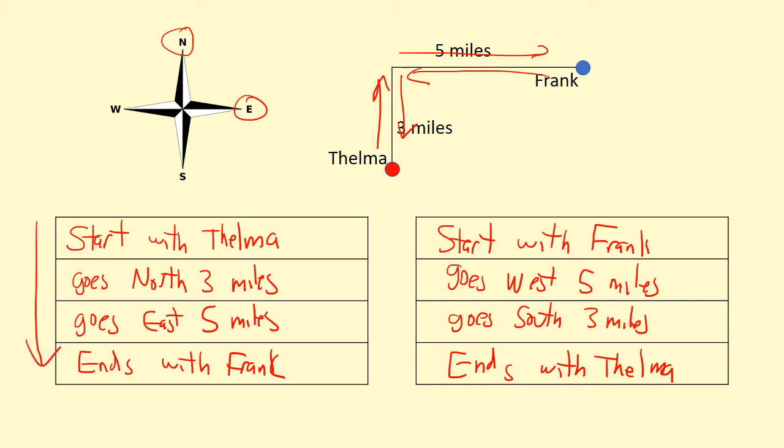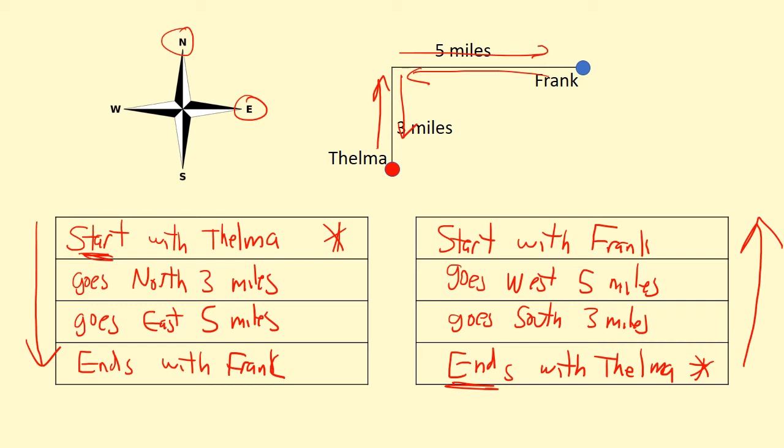One is that this goes from Thelma to Frank, and the other one goes from Frank to Thelma. They go in opposite directions. And we look at the steps, this step with Thelma down here, and this step with Thelma up here, and we notice that here we're ending, and here we're starting. So starting and ending are kind of opposites.